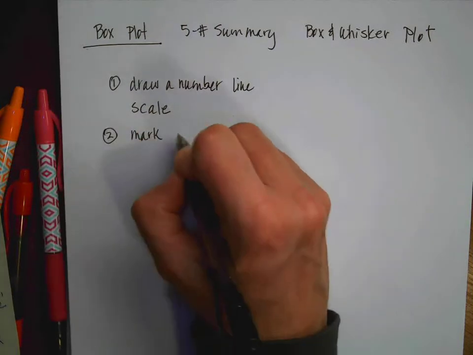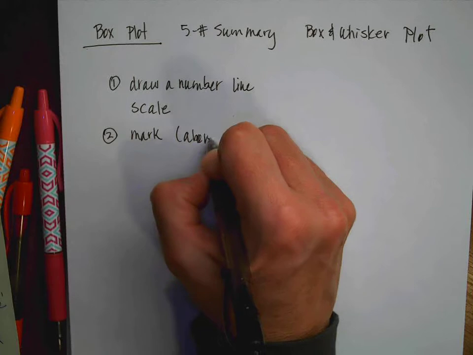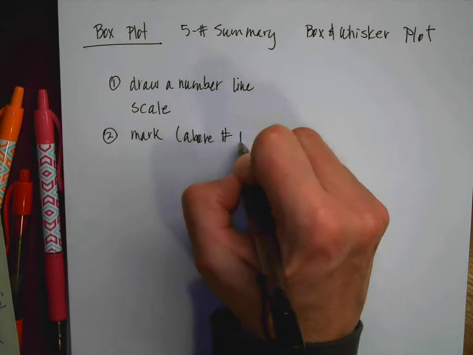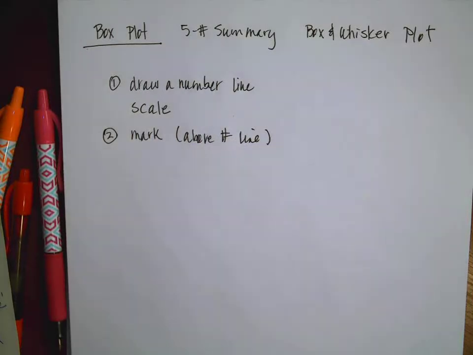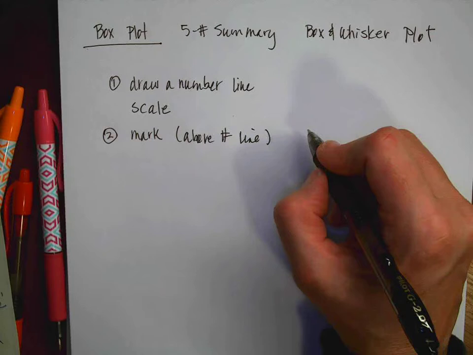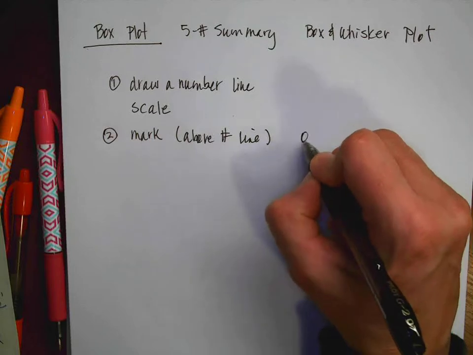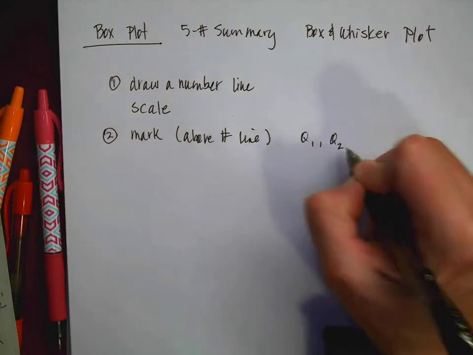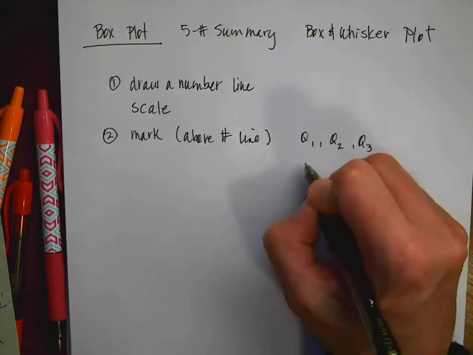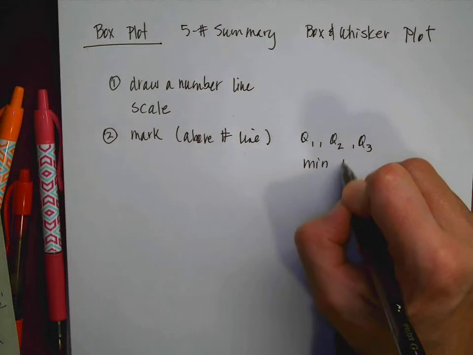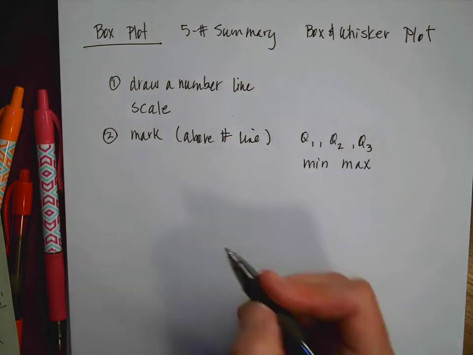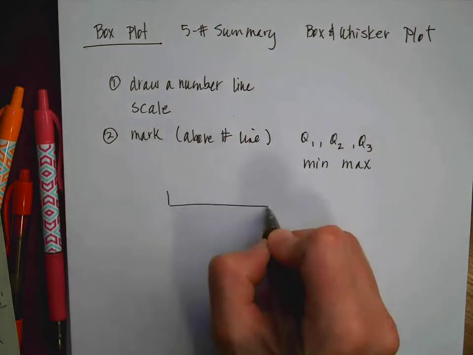And then I'm going to mark, and I always want to do this above the number line, those values that we just found for the 5-number summary. I'm going to mark Q1, Q2, Q3, and then I'm also going to put on my min and my max.